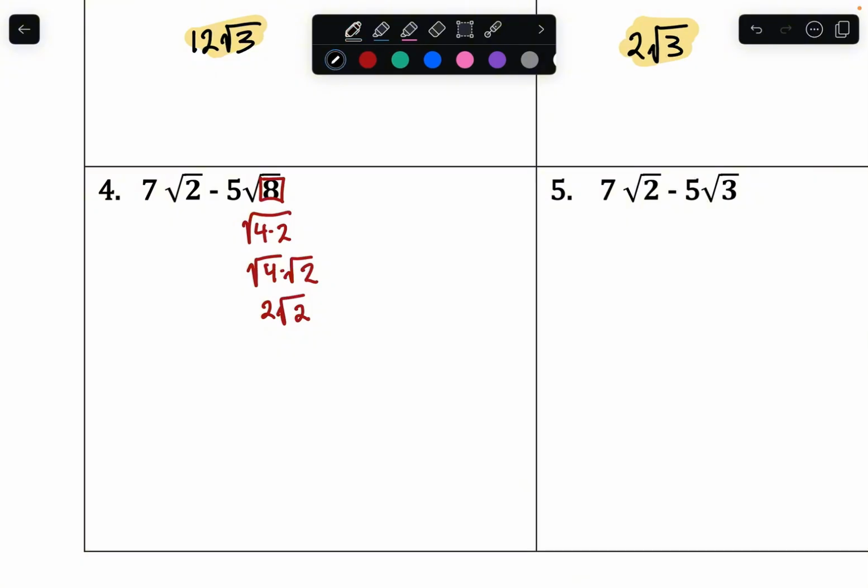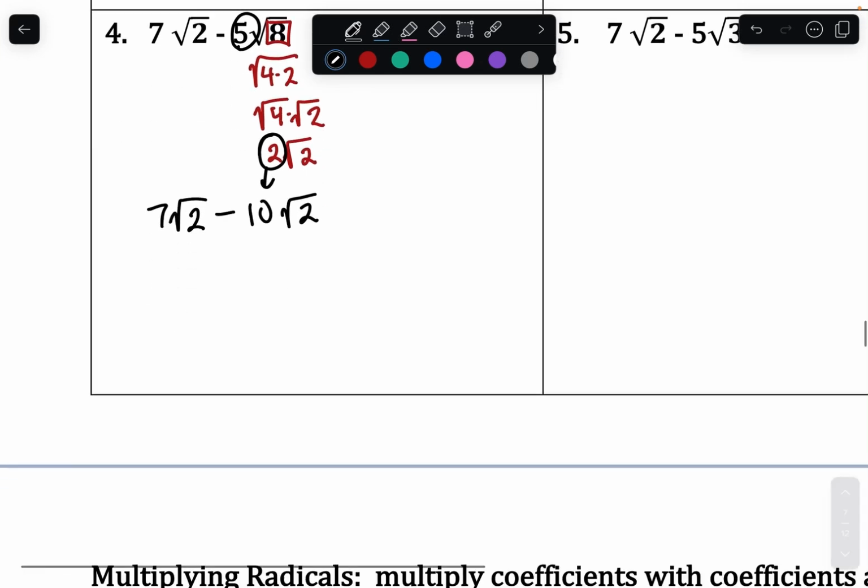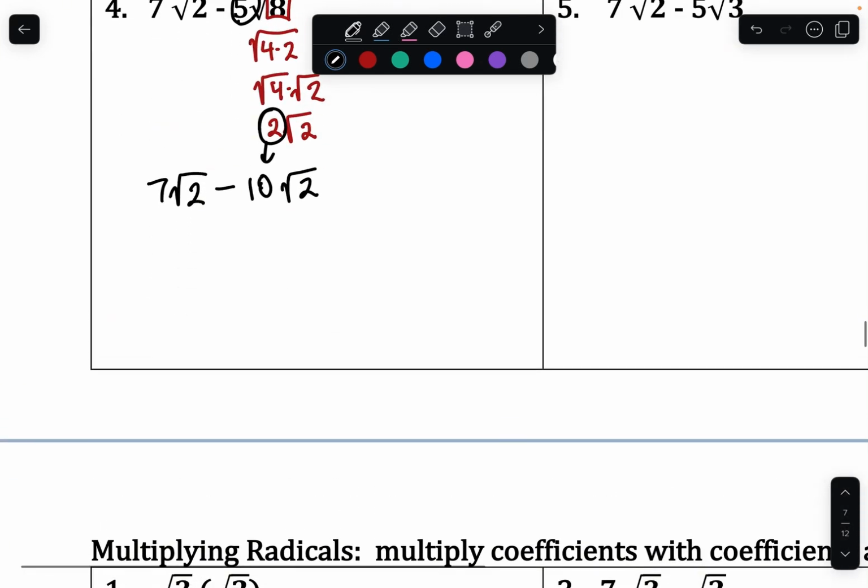Okay, and so I can rewrite this as 7 square roots of 2 minus 5 times 2 square roots of 2, which we know is 10. We have this 5 times this 2 to get 10. Okay, so now we have 7 square roots of 2 minus 10 square roots of 2.